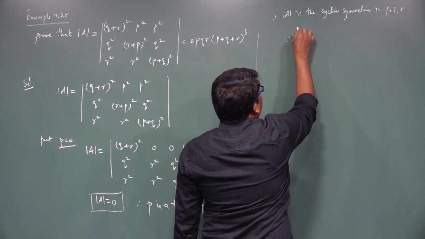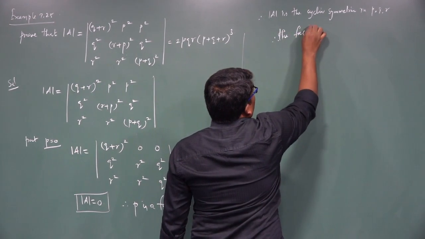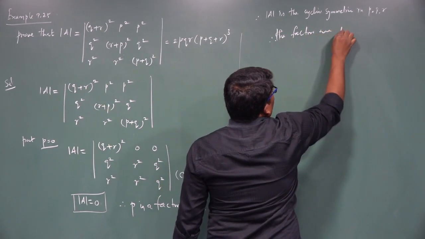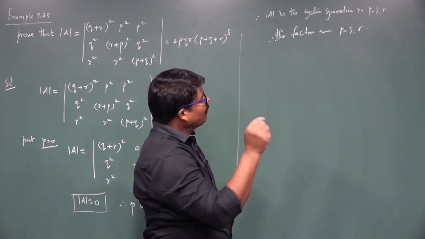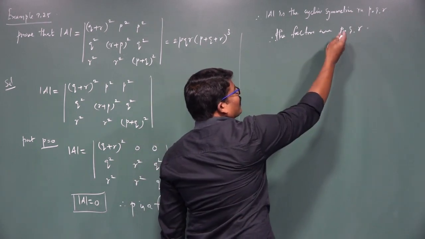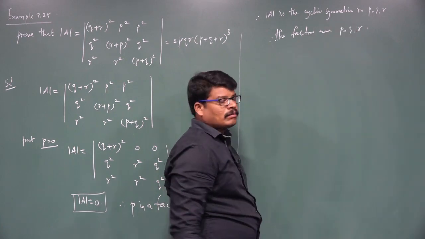Therefore the factors are p, q, r, and the degree of the factors pqr is 3.